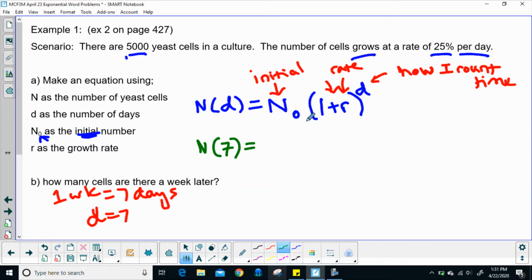So my initial value, oh, we haven't made our equation yet. Oops, hang on. Sorry, let's finish writing our equation. So we've got our N at D is, my initial value is 5,000. So I'm told that's how many I'm starting with.